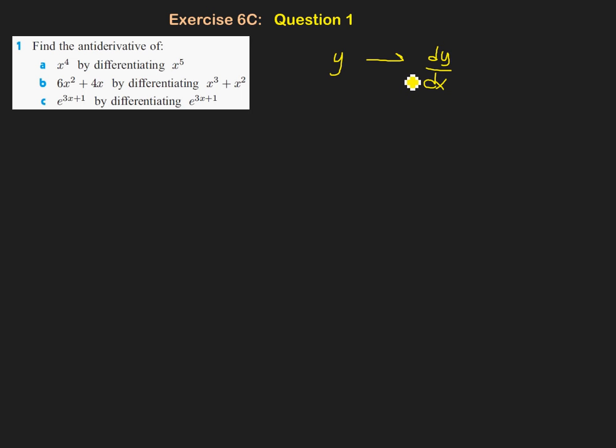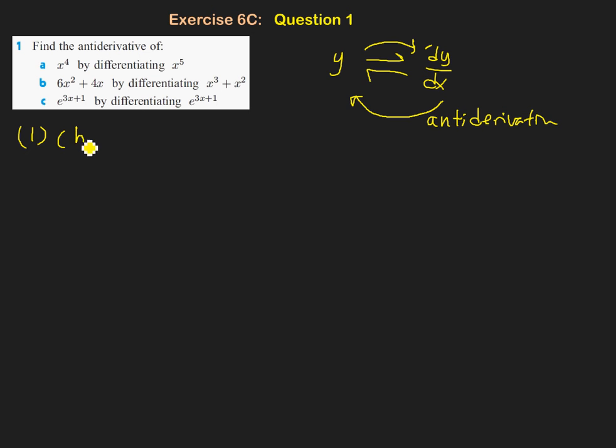You can go from dy dx and back to y. So if this is a derivative, going back from here to here is a process of antiderivative, and to dy dx, y is the antiderivative.